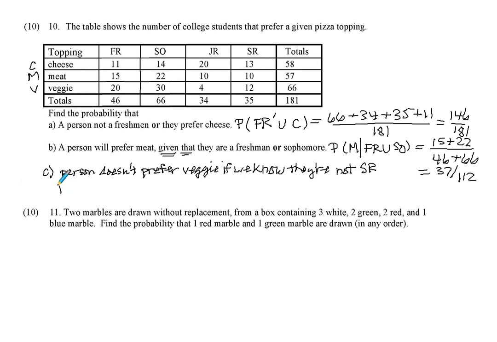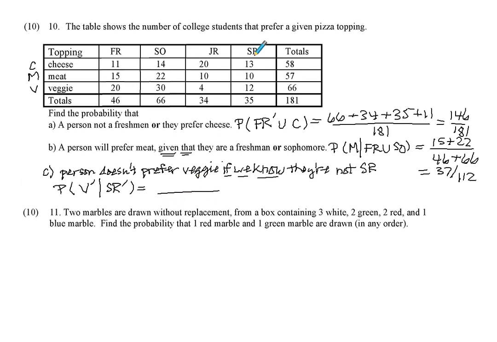So this is asking what is the probability they don't prefer veggie, so not V, given that, because if we know is telling us it's a conditional probability, so we've got a given condition that they're not a senior, so senior prime. The given condition determines the denominator of the fraction. That's our total outcomes.